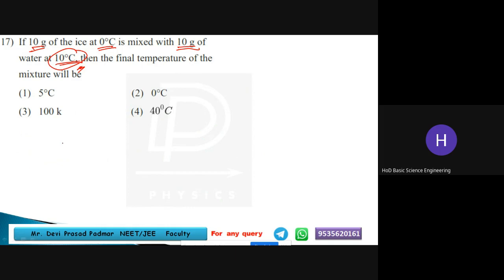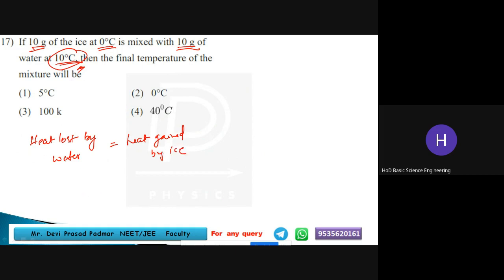Now, what happens here? Heat lost by the water must be equal to heat gained by ice.